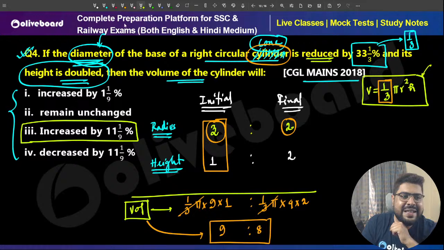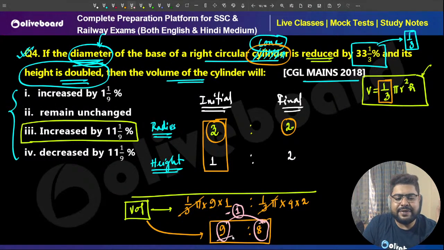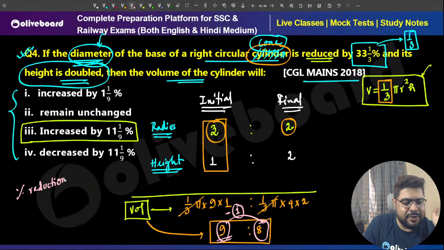Now you understand. If my volume was 9 units, now this has reduced to 8 units. So 1 unit reduction, out of how much? Out of the initial value always, that is 9 units. So the percentage reduction will be how much? 1 unit reduction out of the initial value of 9 units.